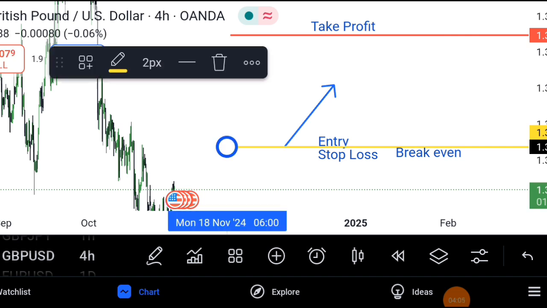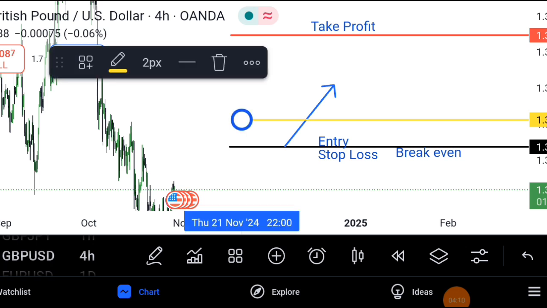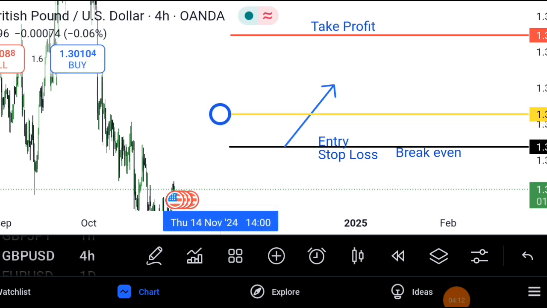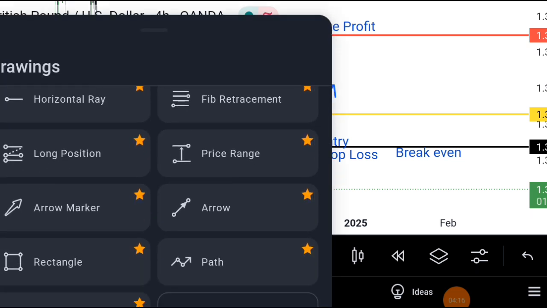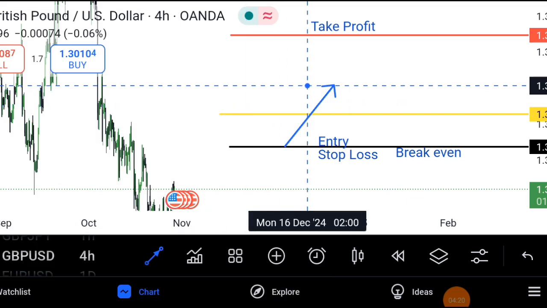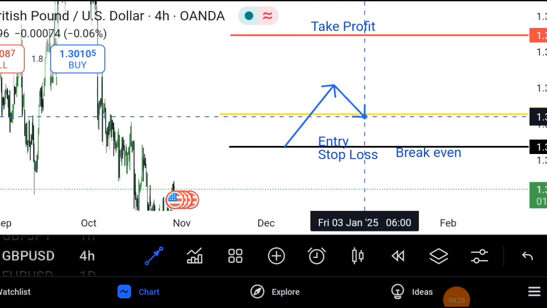But when you move your stop loss a little closer to the current price, like let's say around there, when market moves against you in any circumstance, maybe a retracement or a reversal, it will move in such a way that it will hit your stop loss, your current stop loss right here.